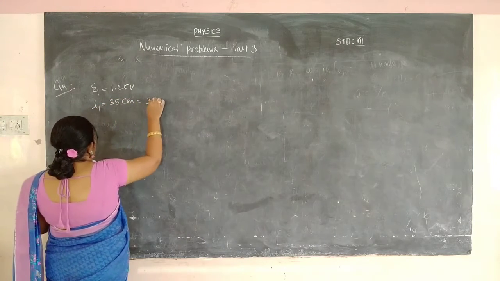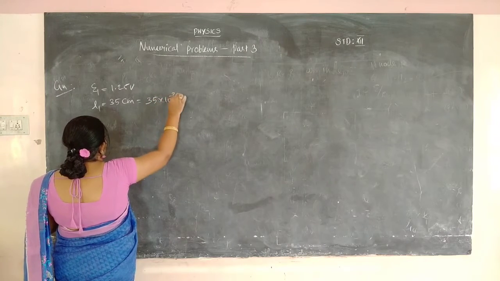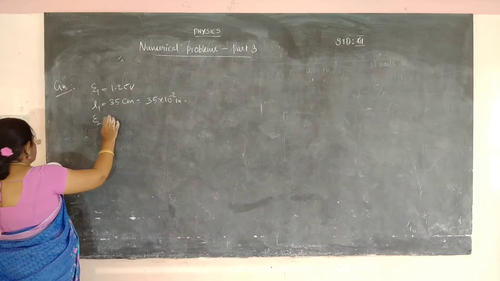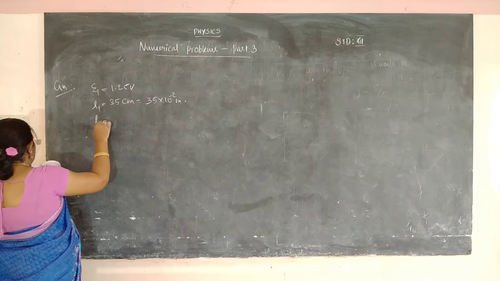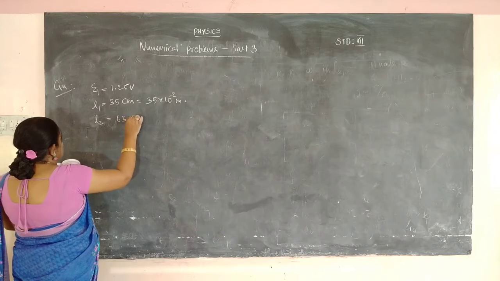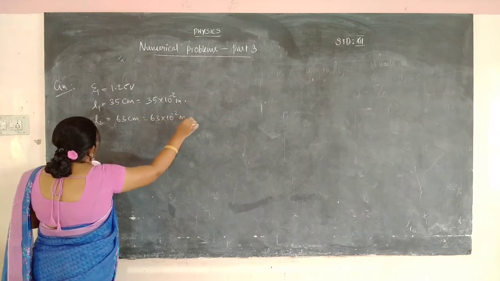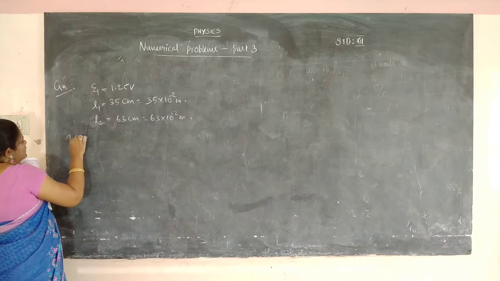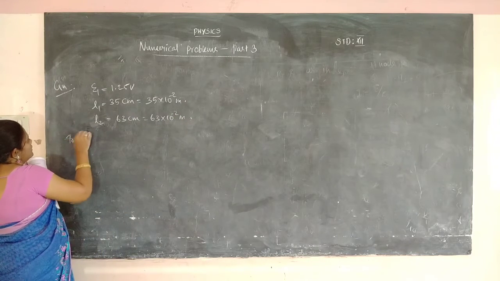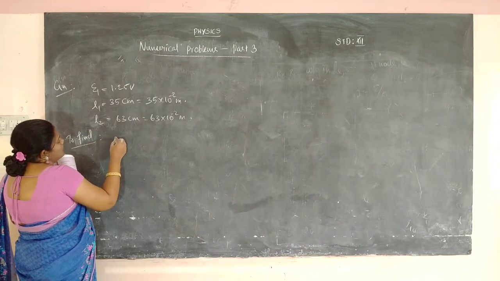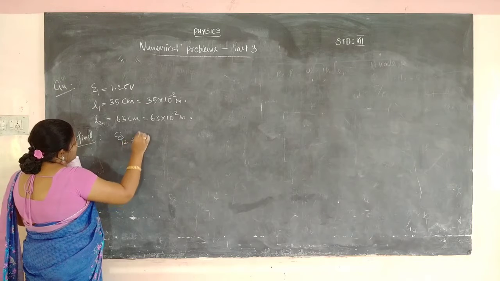Centimeter will be converted into meter, 35 into 10 power minus 2 meter. Then L2 is equal to 63 centimeter, that is 63 into 10 power minus 2 meter. We want to find the balancing length ψ2. EMF of the second cell ψ2 is equal to question mark.